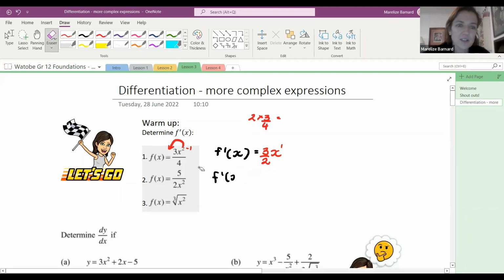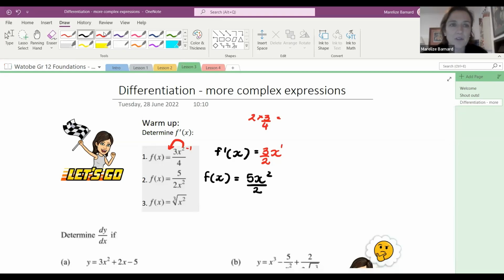So for question 2, we have to first rewrite our expression so that x to the power of 2 is above the line. So to do that, we're going to make that f of x is 5x squared over 2. And then we're going to differentiate. So we're going to times the 2. Ma'am, don't forget that 5x to the power -2. Oh, thank you, Miss Coco. There we go. Sorry, yes, to the -2. We can't just move it to the top.